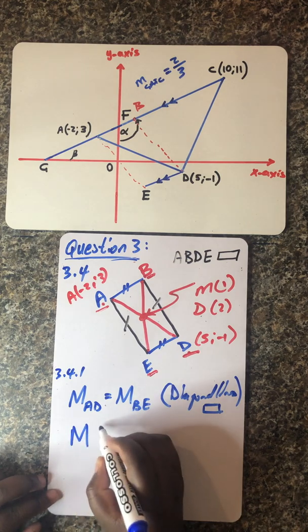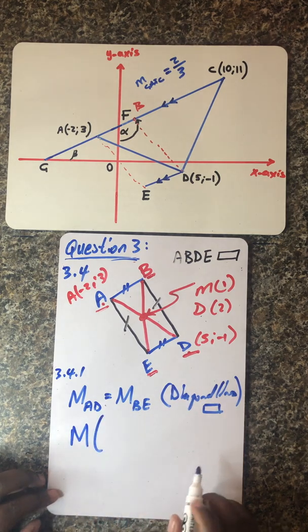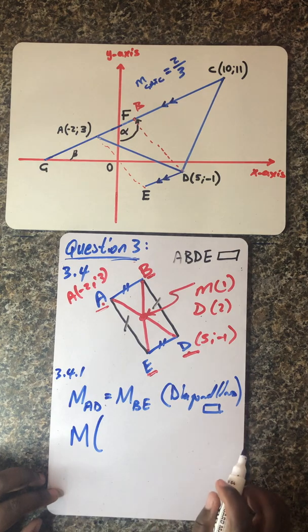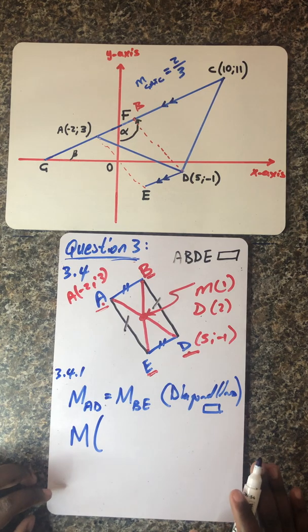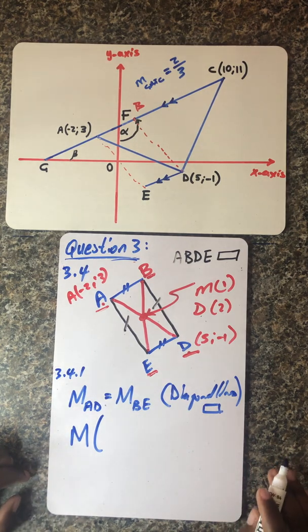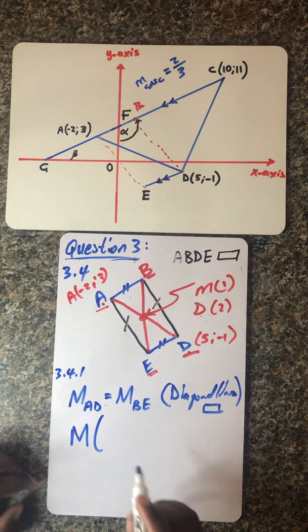We know M is equal to (x1 plus x2) over 2. I'm not that much interested in the formula, guys, because I know you obviously know the formula. So what I'm going to do is just substitute.